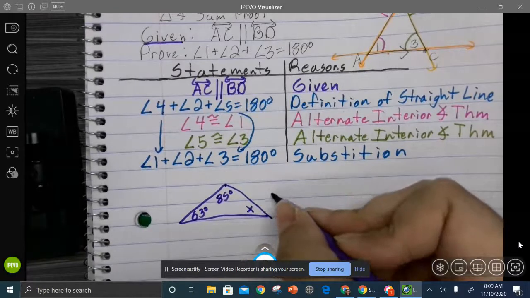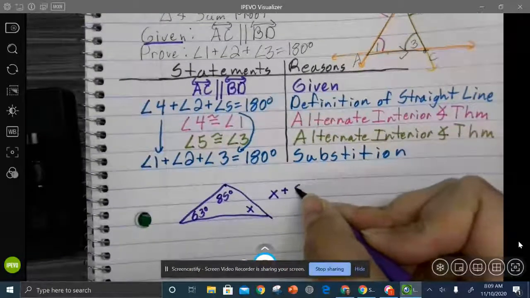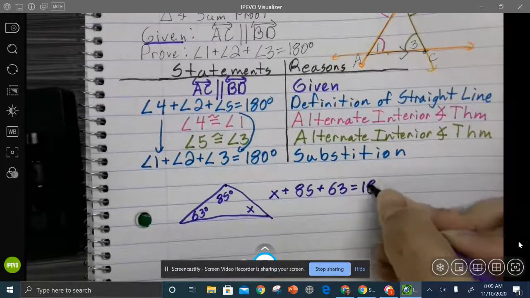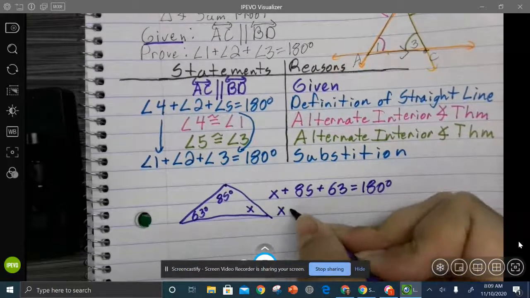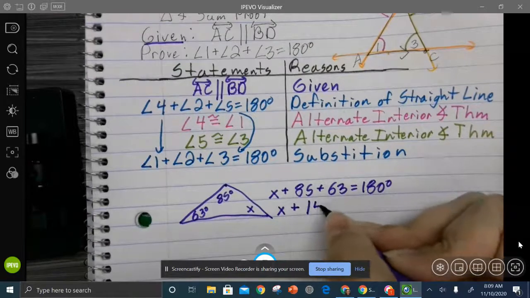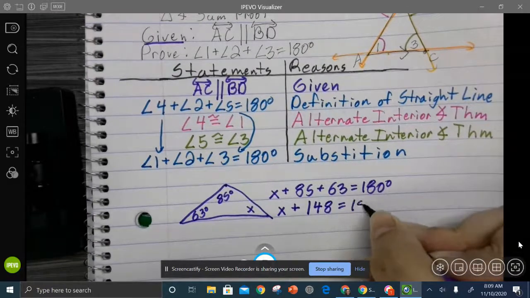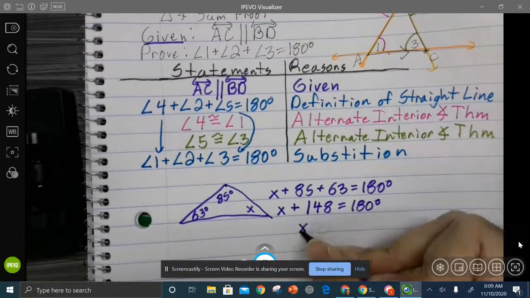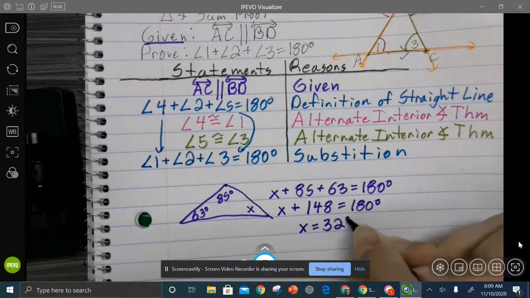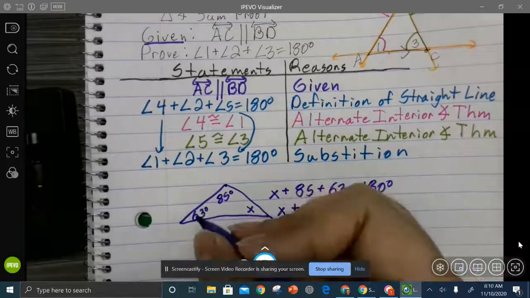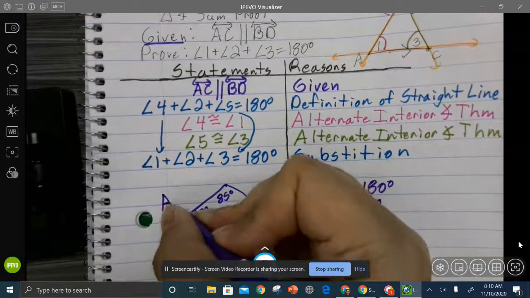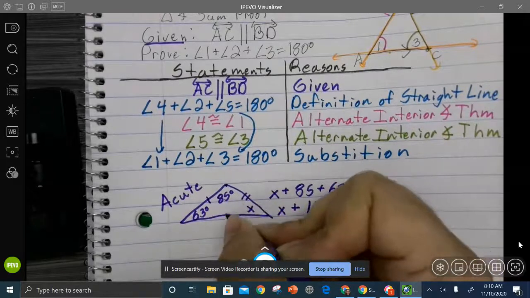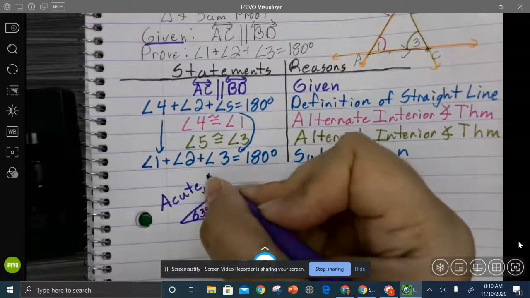We're going to set them equal to 180, so x plus 85 plus 63, we combine like terms, and then we're going to subtract 180 minus 148 to get 32 degrees. All the angles are less than 90, so this is an acute triangle. All the sides are different lengths, so it's an acute scalene triangle.